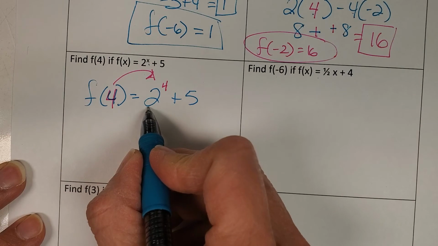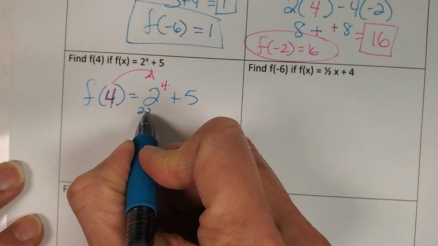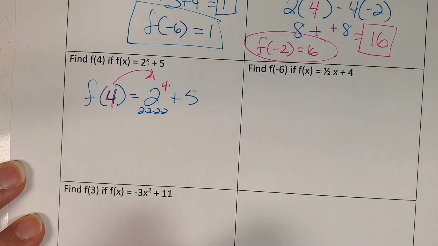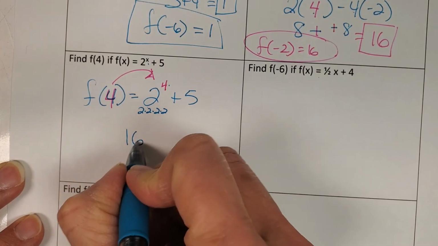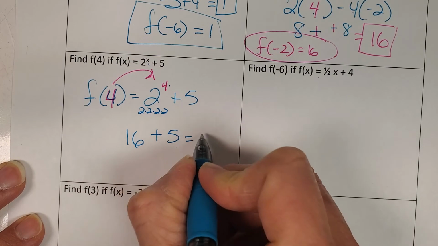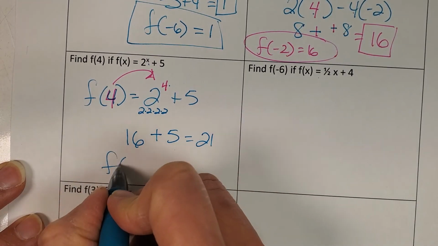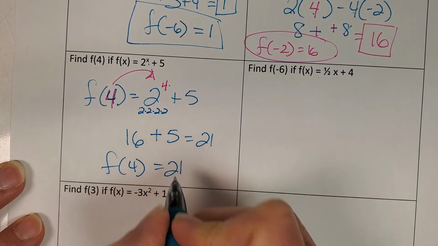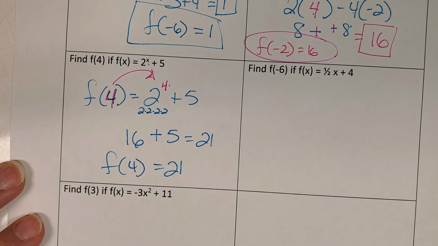Now I need to figure out what 2 to the 4th is. Remember, that means 2 times 2 times 2 times 2. Well, 2 times 2 is 4, 4 times 2 is 8, 8 times 2 is 16. So I have 16 plus 5, and that would get me 21. So f of 4 equals 21. Now remember, each time I'm taking out the x and plugging in what they're telling me to plug in.